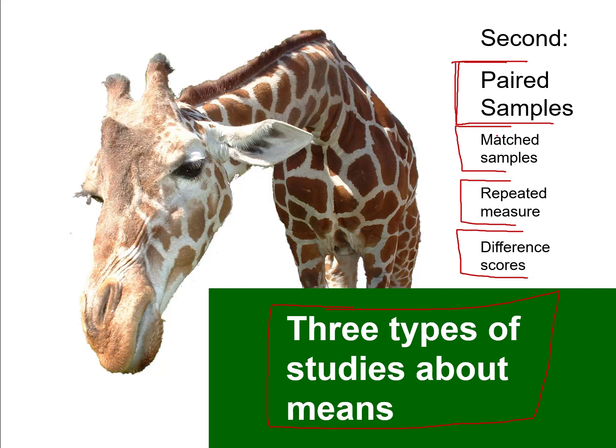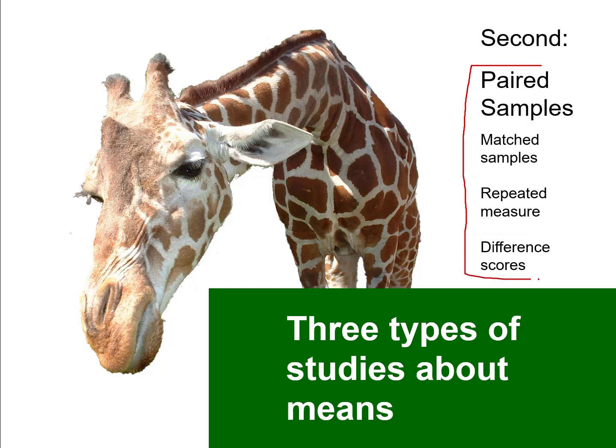And so paired samples, matched samples, repeated measures, difference scores, these are all terms for the exact same type of study. And hopefully as we go along here, it will become clear why all these terms refer to the type of study that we're talking about, how they all describe the same thing.